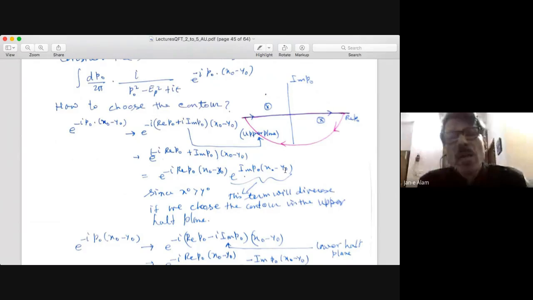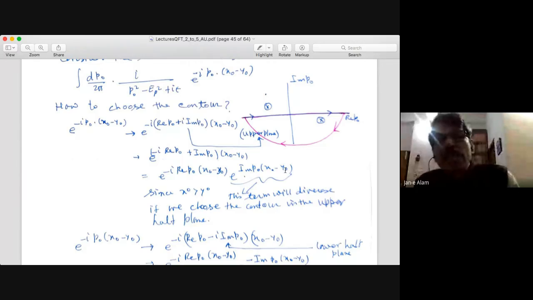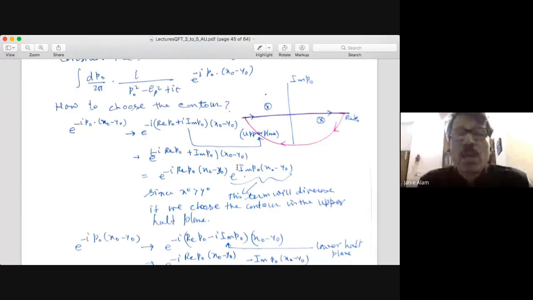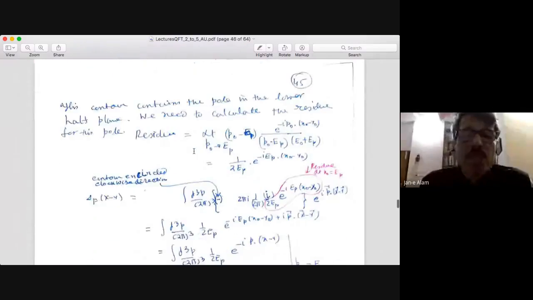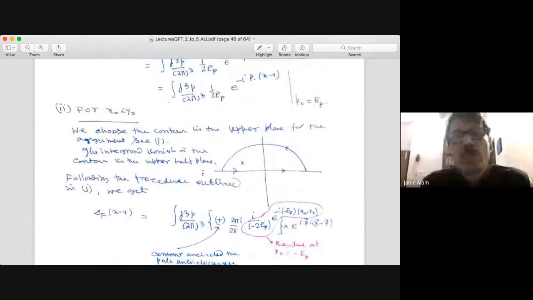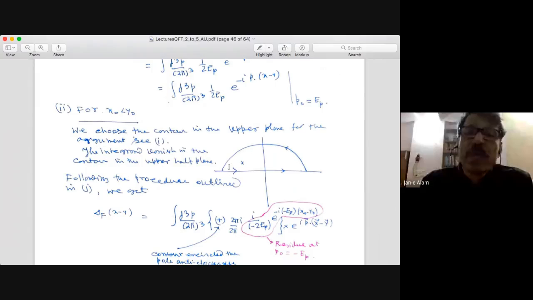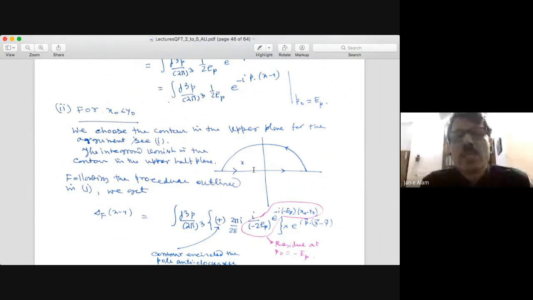Now I am considering the case y0 greater than x0, so there will again be a negative sign, but that is happening in the upper half plane. So for y0 greater than x0, you have to take the contour in the upper half plane again, so that the integrand will vanish on the upper half plane contour and will only remain finite along the real axis.